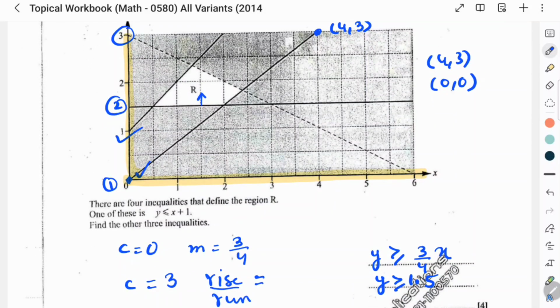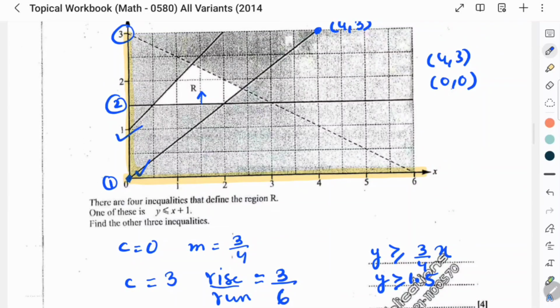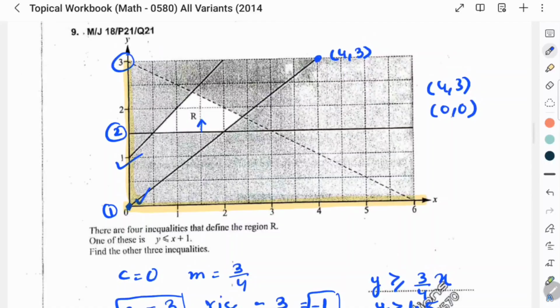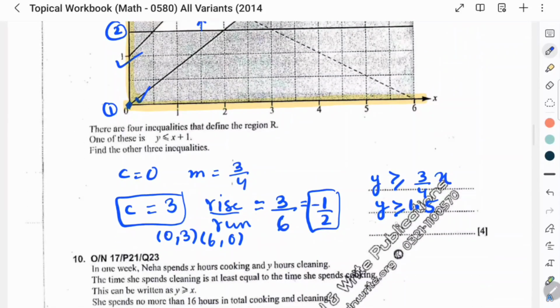Or you can take the coordinates 0 comma 3 and 6 comma 0. You will get the same thing. So it's from the left side, so that is minus half, and your c is 3. So y is equal to minus half x plus 3. And in this question, when you check this line, your region is below the line, so you just write down y is less than minus half x plus 3.